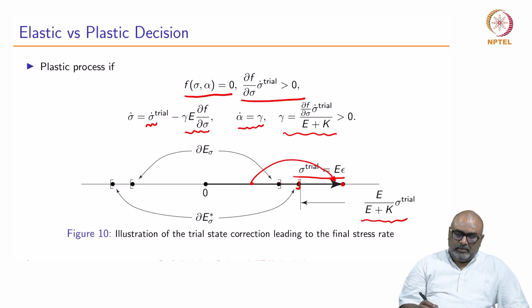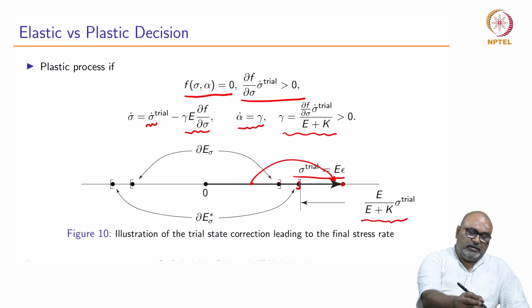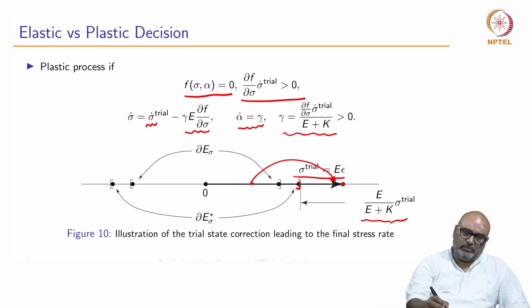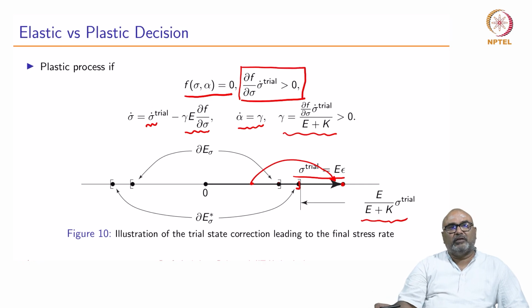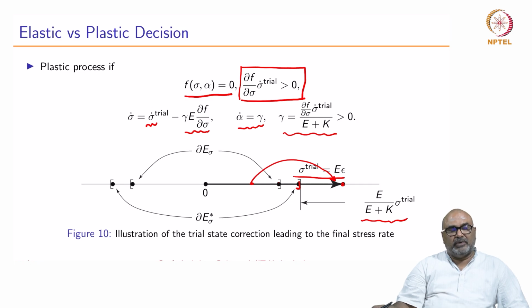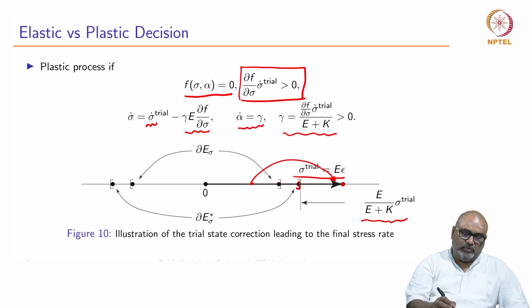So, when the slip rate is greater than 0 during a plastic process, whether gamma is greater than 0 or equal to 0 is decided by the value of ∂f/∂sigma times sigma dot trial. If it is greater than 0, then we find the admissible stress state as sigma dot is equal to sigma dot trial minus gamma E times ∂f/∂sigma.